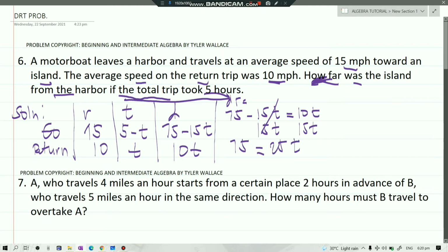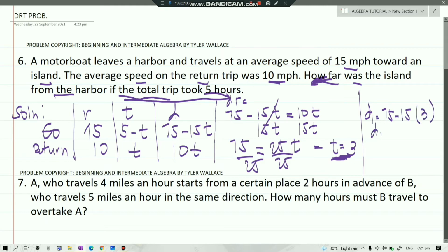You will get 75 is equals to 25t. Okay? Then, divide both sides by 25. You will get t is equals to 3. Okay? Then, using this answer, mako-compute mo na yung d mo. So, d1, so we have 75 minus 15 times 3.